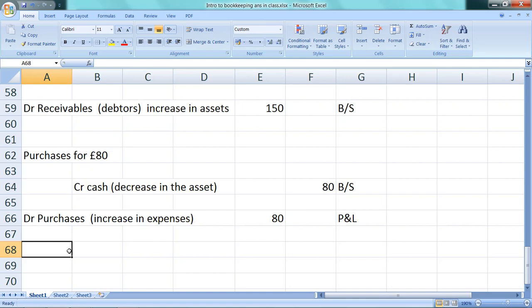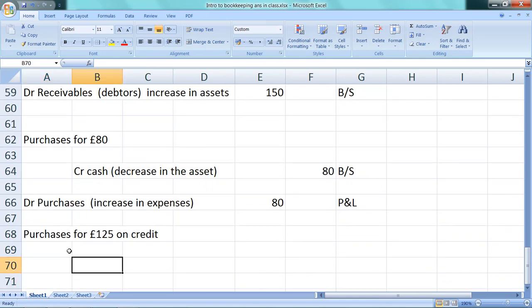Fantastic. Right, the next transaction is we're going to purchase stuff for £125 on credit. So purchases for £125 on credit. Well, now I can't credit cash because I haven't paid for it in cash.